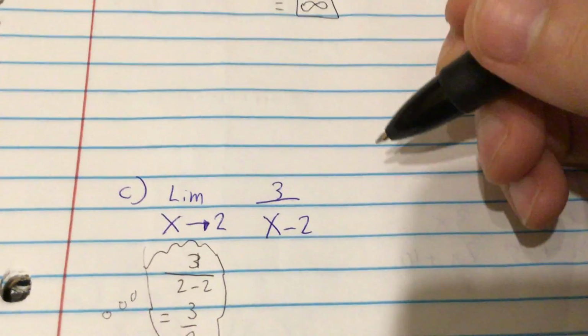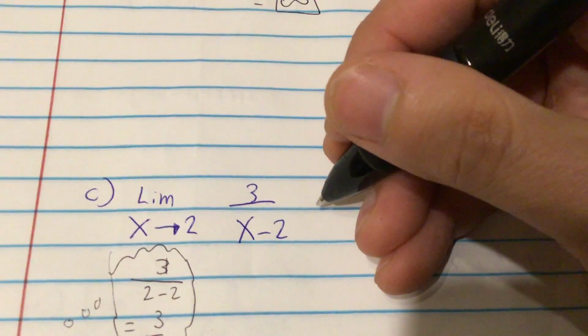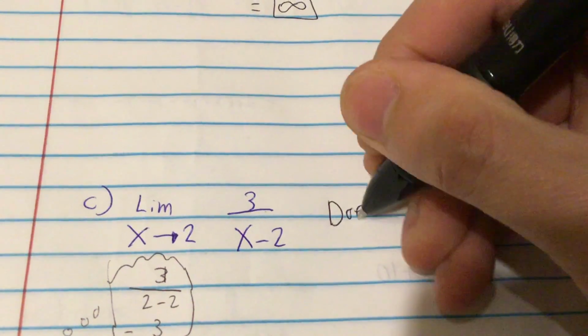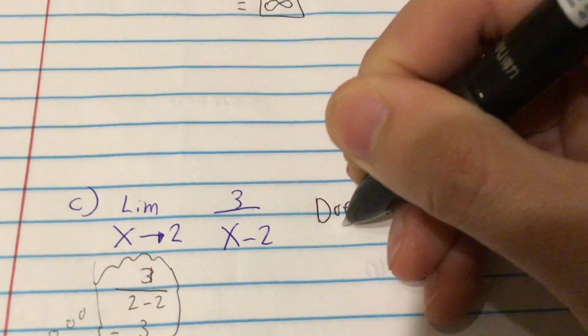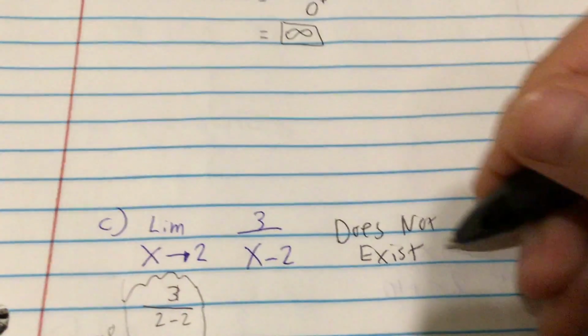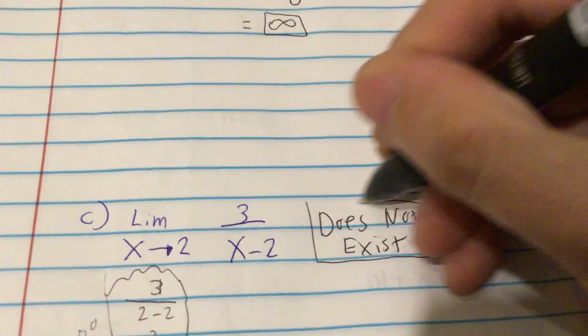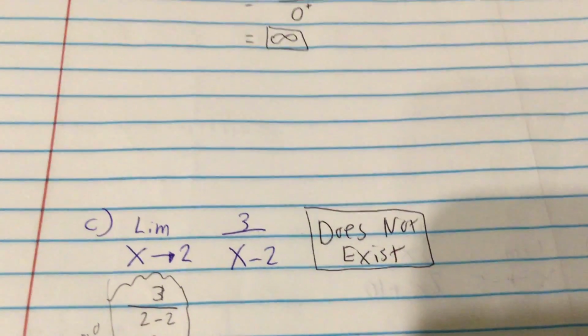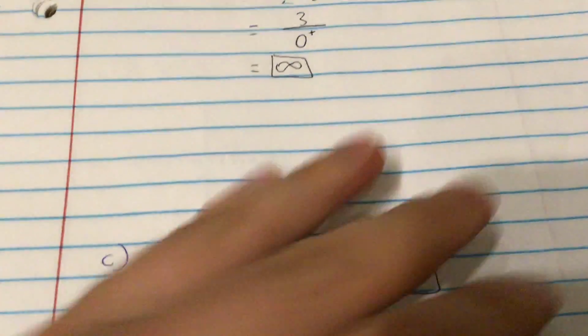Therefore, the limit as x approaches 2 for 3 over x minus 2 does not exist. Okay? So that literally is an answer. The limit does not exist. Okay? Turn the page.